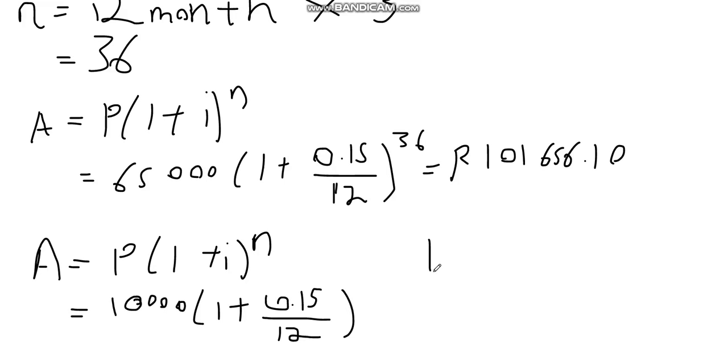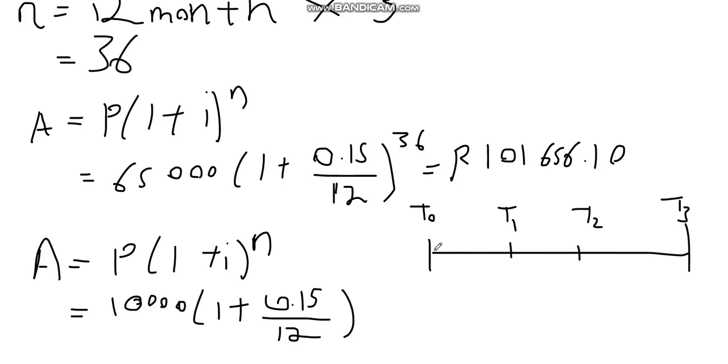If we put this into a timeline so that it makes sense, we have T0 here, then T1, the first year, T2, and then the last year. They said after 1 year, so it took the person a year, and then here he added 10,000.